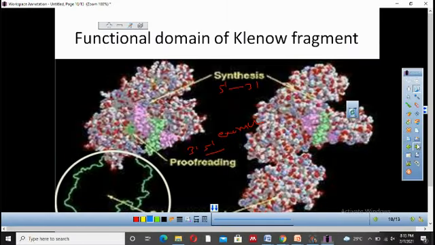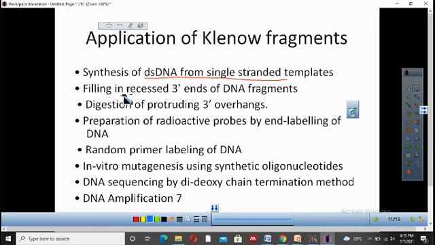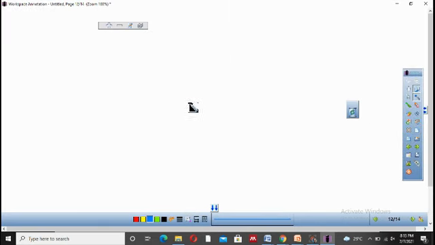The second one is filling in the recessed 3 prime ends of DNA fragments. How can we explain this? Suppose two strands are here: A, C, T, A, G, T, and this is 5 prime to 3 prime.